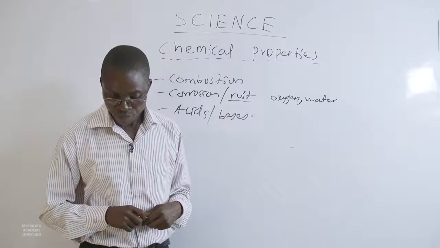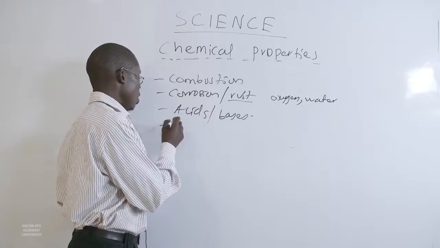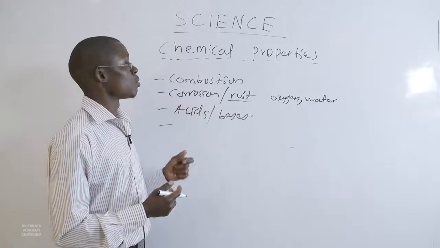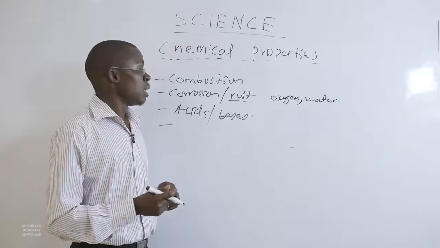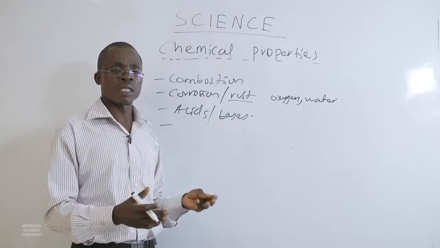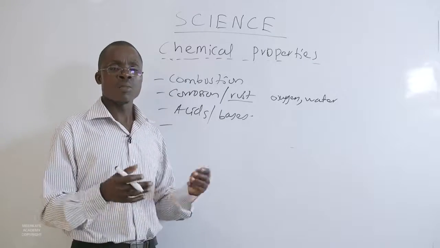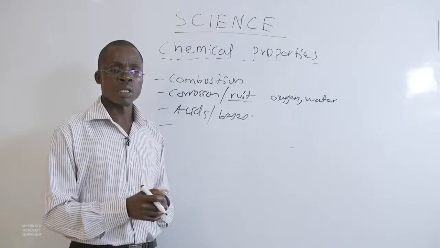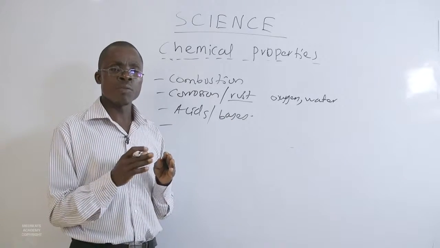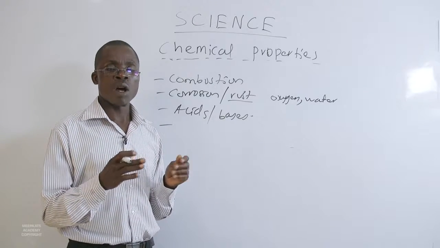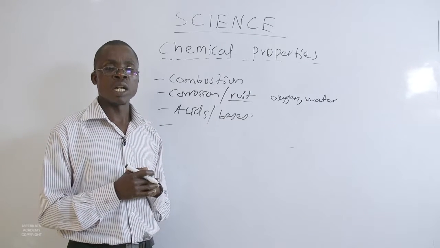And lastly, what you also need to understand as basic knowledge when it comes to chemical properties is that we are talking about reagents reacting to form products, and products are totally different from the reagents in all aspects. But one thing must come out very clearly: how fast or how slow is the reaction.